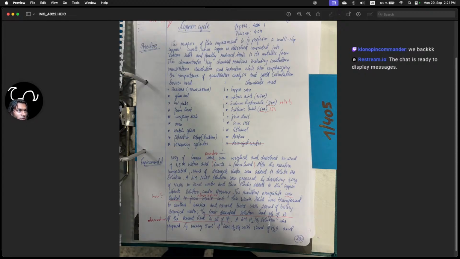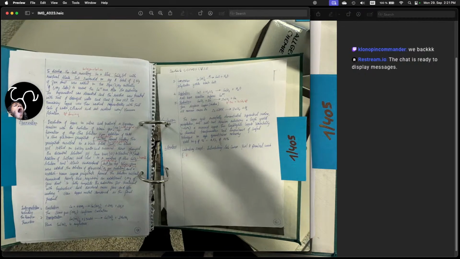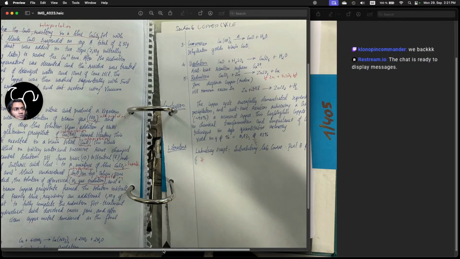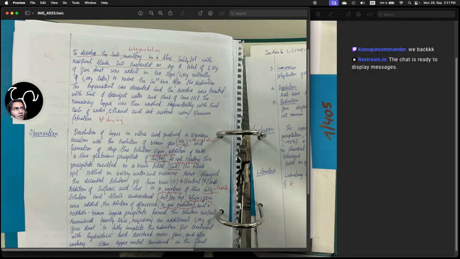A 6 molar solution was prepared by mixing 5 milliliters of concentrated sulfuric acid to dissolve copper oxide, resulting in the blue copper sulfate solution with residual black CuO suspended on top.